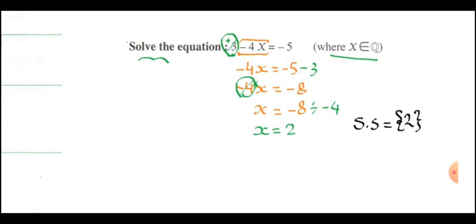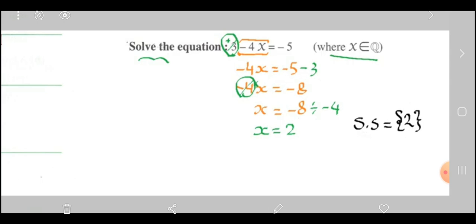Then x and negative 4 are multiplied, so we move it to the other side with divide. Then x equals negative 8 divided by negative 4, so x equals 2. Then we can find the SS or solution set for the equation, equal 2.